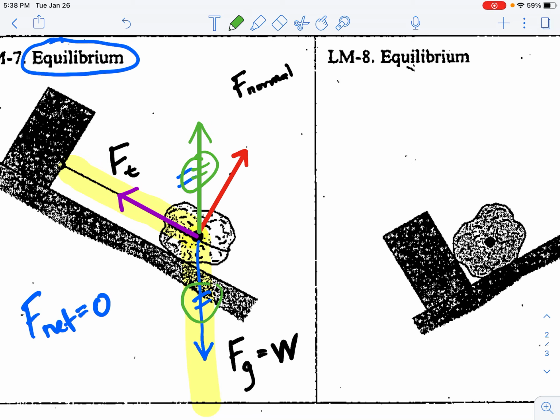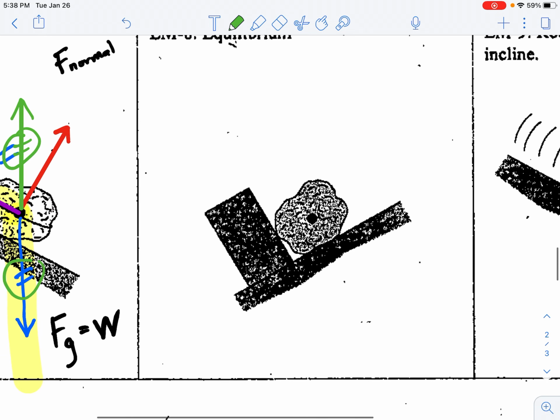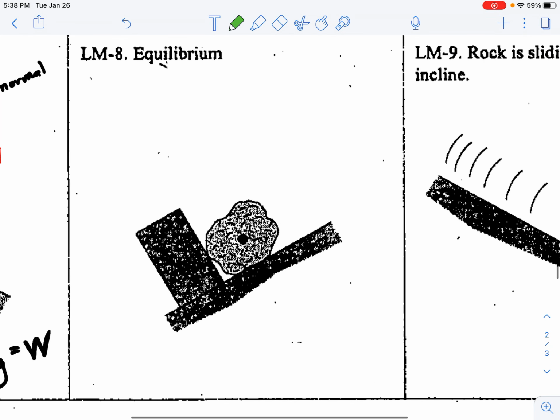And labeling the forces, that's the incredibly important part. Let me get you started on the next 2 and show you where those forces are going to be. Because once again, we've got a downward force here that's going to be gravity. Now, we've got a normal force that's acting on the base of the rock and the shelf that it's sitting on.